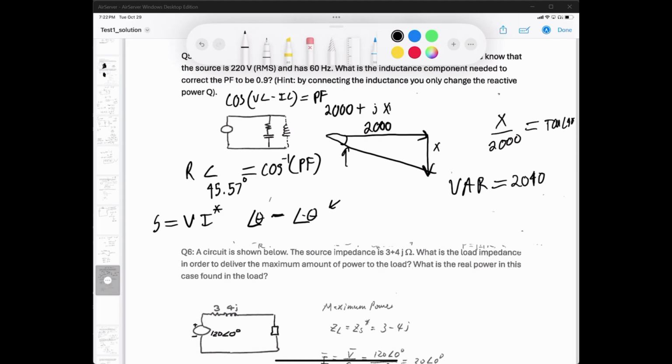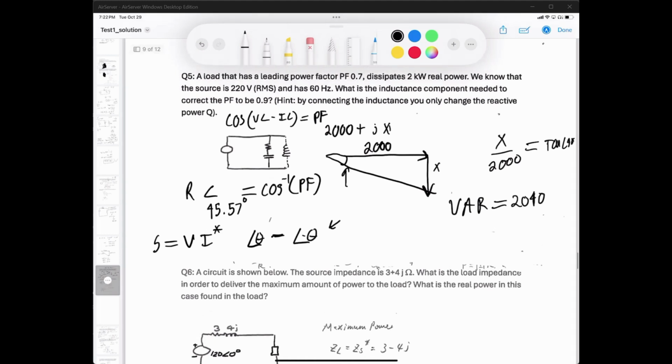So let's find the other value. It's going to be the inverse cosine of 0.9. All right, we're going to take the tangent of that number times 2000, and var.